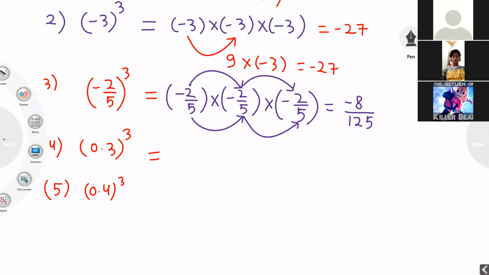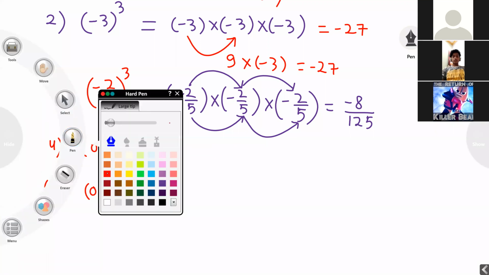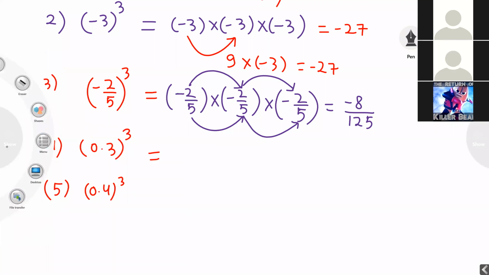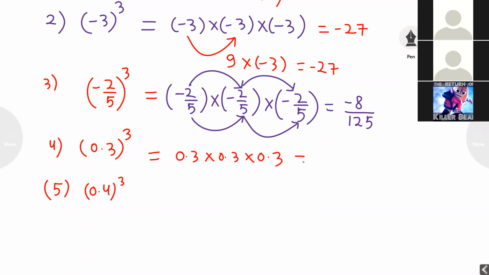Fourth question I have written here, 0.3 whole cube means I want to multiply 0.3 three times: 0.3 into 0.3 into 0.3. Now 3 3s are 9, 9 3s are 27. But after the decimal point, how many digits are there? There are 3 digits.